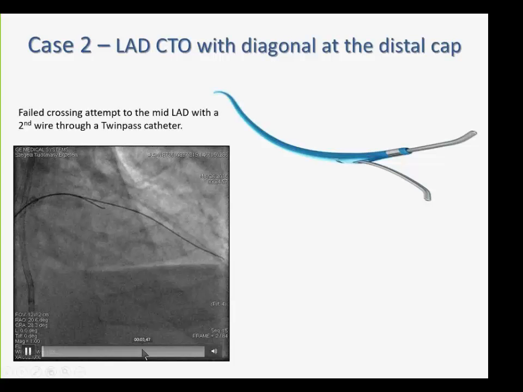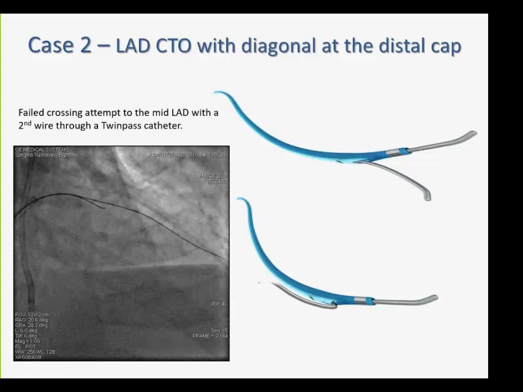So again, we did a hairpin. We removed the Twin-Pass from the vessel and introduced a Sion Black into the over-the-wire lumen in the way which is demonstrated on this cartoon.